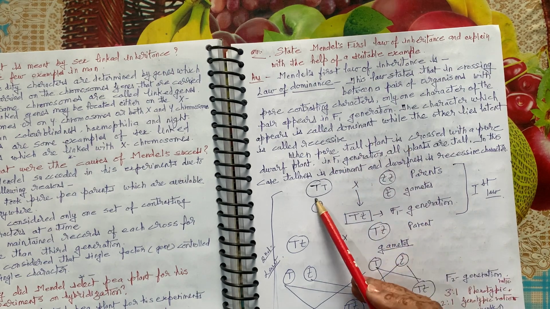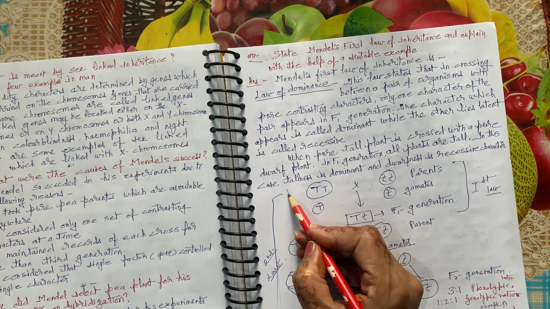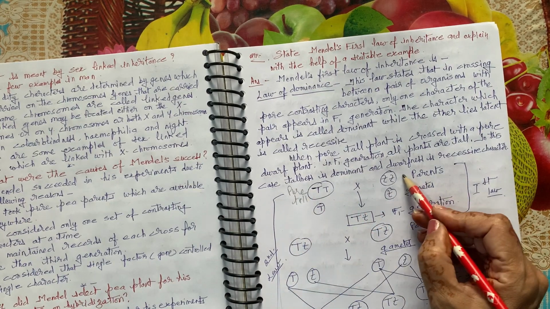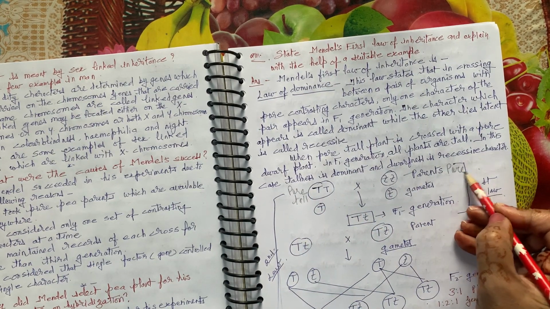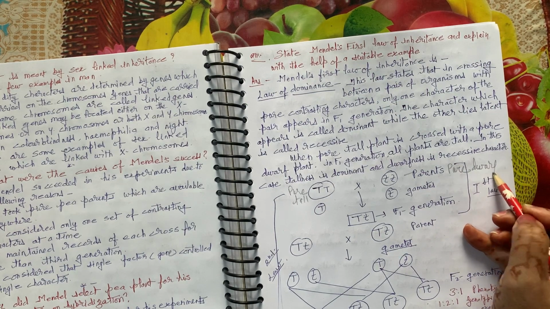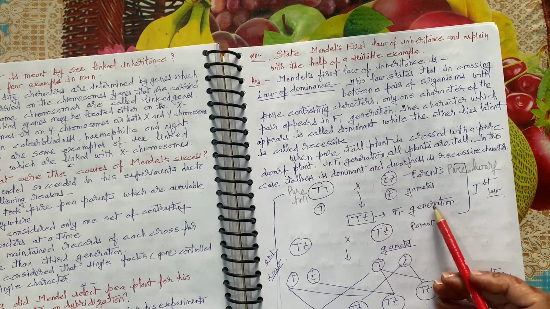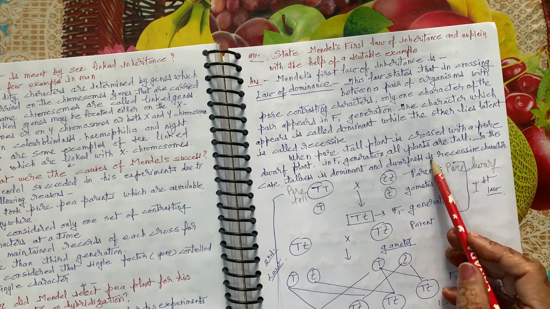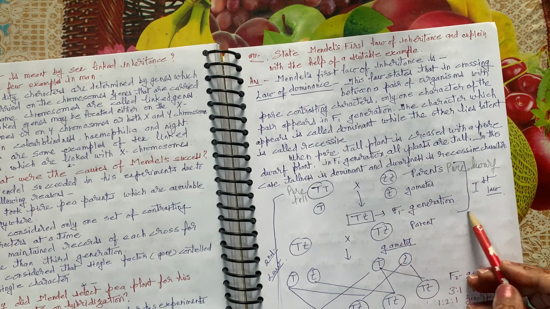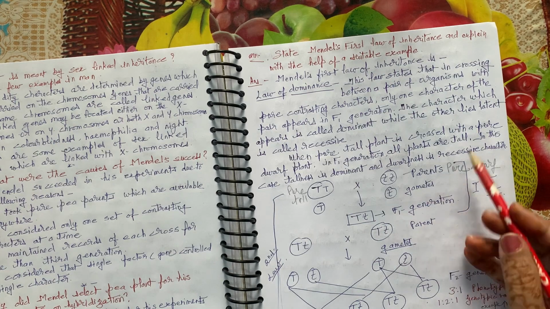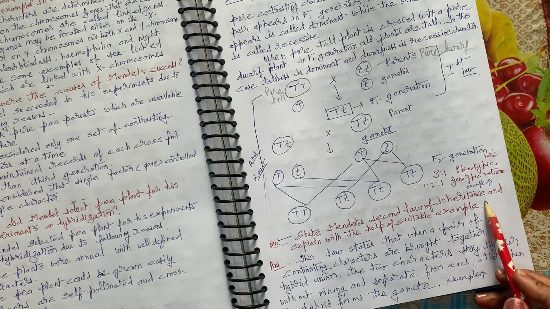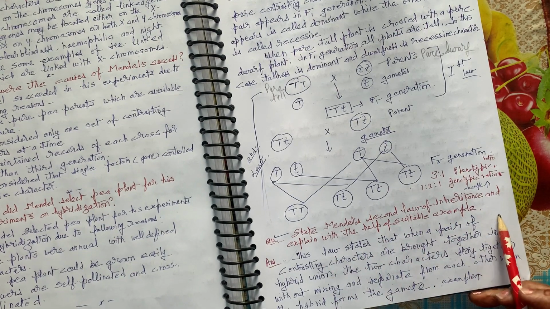When a pure tall plant is crossed with a pure dwarf plant, then in the F1 generation all plants obtained are tall, because tallness is the dominant character. So it is known as the law of dominance. Right?